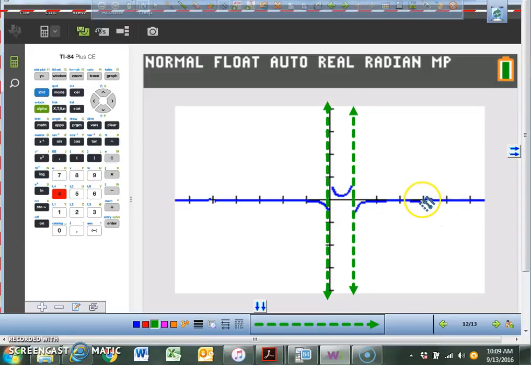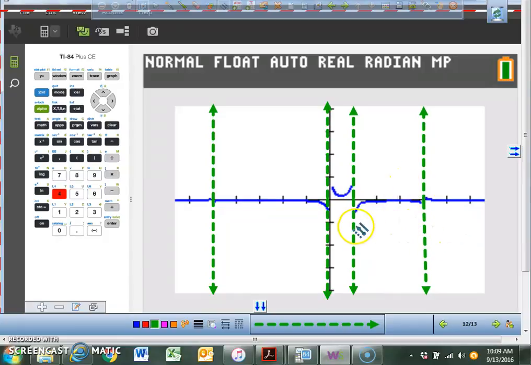We have an asymptote right here at 4. And right over here, we have a vertical asymptote at -5. Okay? It's kind of hard to see what's happening in the graph because it doesn't continue, but that's where all those vertical asymptotes would be located.